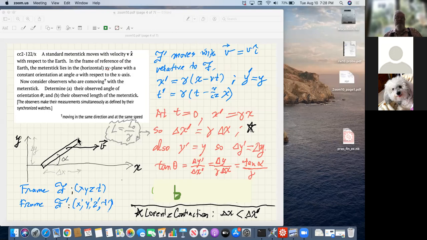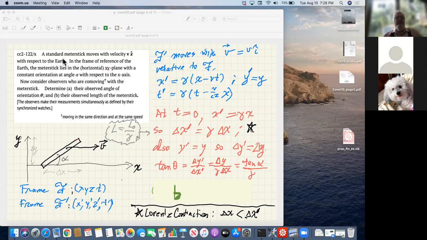Well, a meter stick is 1 meter long in the frame in which it's at rest. So the answer to part B is very simple. Co-moving with the meter stick, they'll measure the length of the meter stick as being 1 meter.